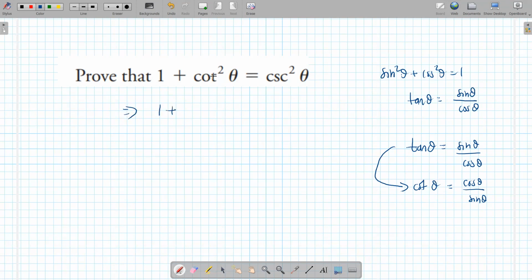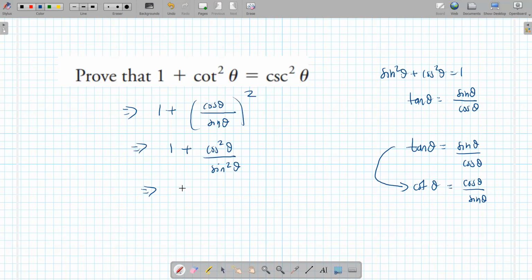So 1 plus cot squared theta just means it's cot theta whole squared. And we know cot is cosine theta over sine theta. Let's open the brackets. So you get 1 plus cosine squared theta over sine squared theta. What's the common denominator? Sine squared.